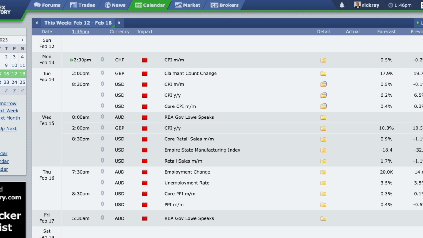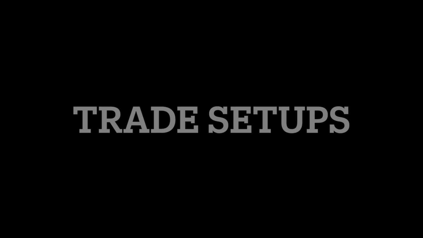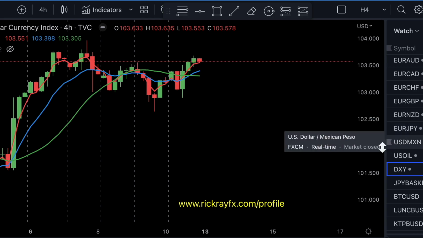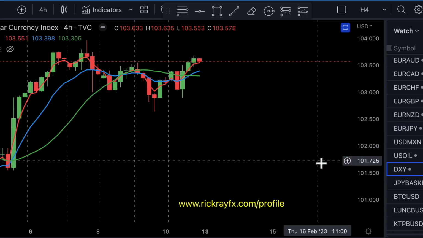All right, let's have a look at the trade setups that I've got planned for this upcoming week, all of the pending orders for gold and the major currency pairs. Starting off, looking at the DXY chart on the 4-hour chart, the DXY is the US dollar index. It's the US dollar compared with 6 major currencies.